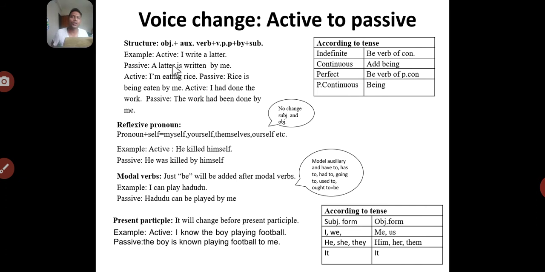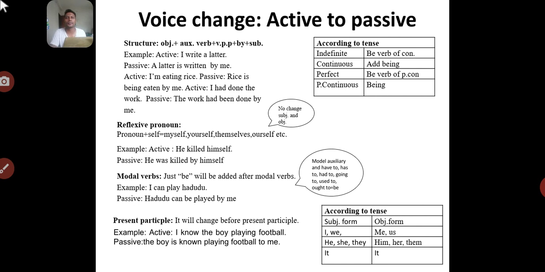And if the sentence is perfect, we will use the be verb of perfect continuous tense. And if the sentence is perfect continuous, we will use just being after the auxiliary verb.